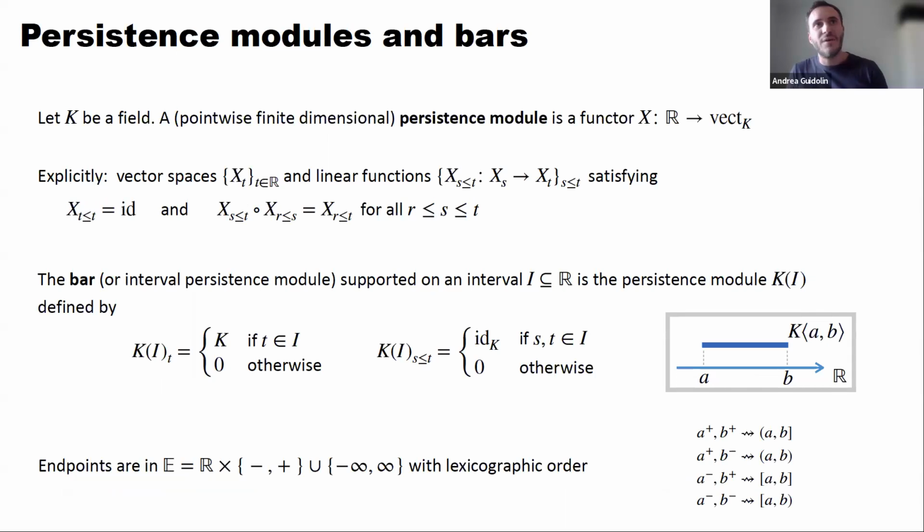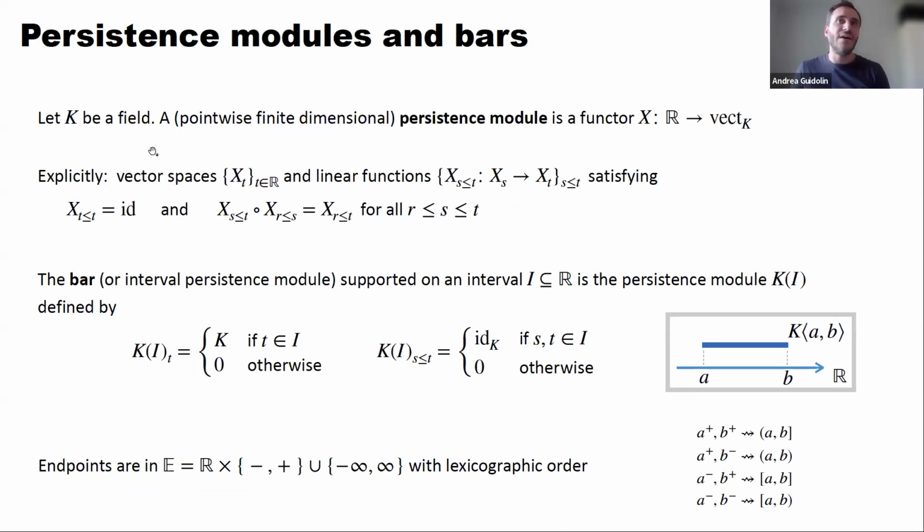So let's start with some preliminaries. Let K be a field. I define a persistence module to be a functor from the real numbers viewed as a poset to the category of finite dimensional vector spaces.